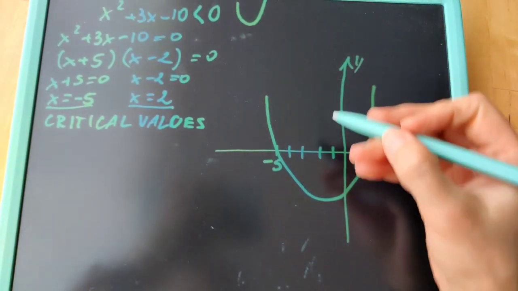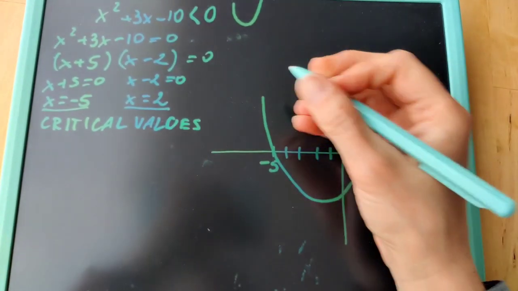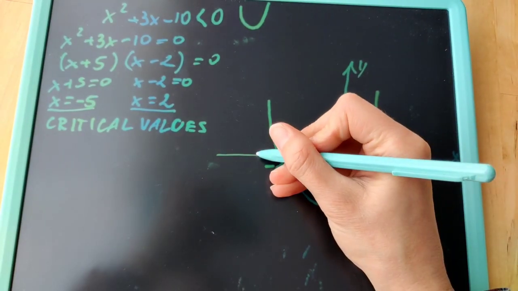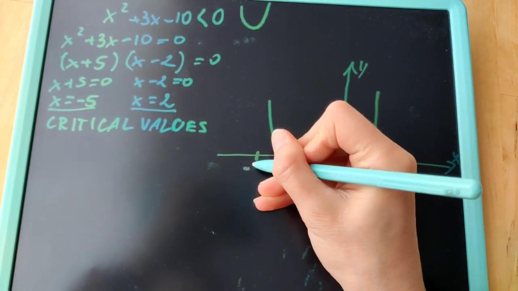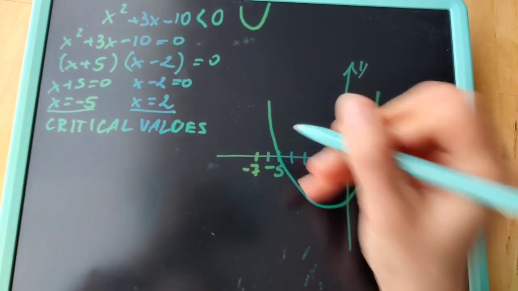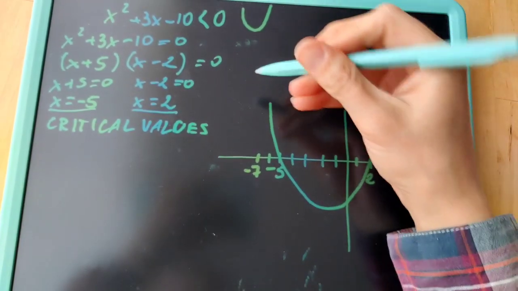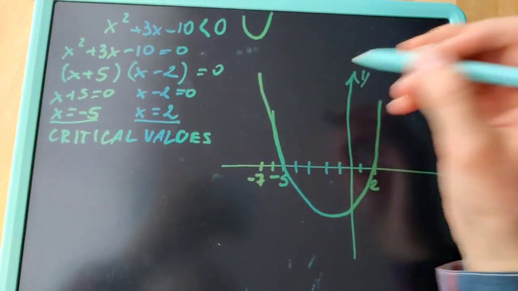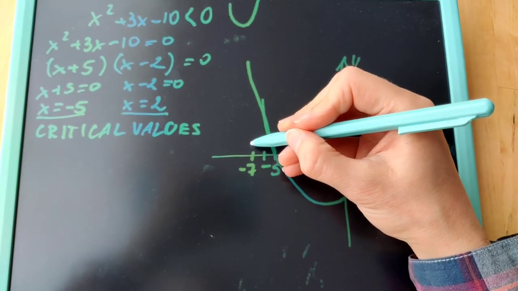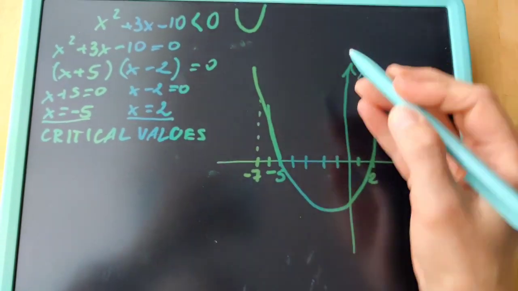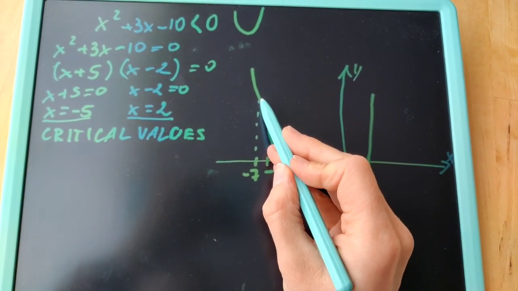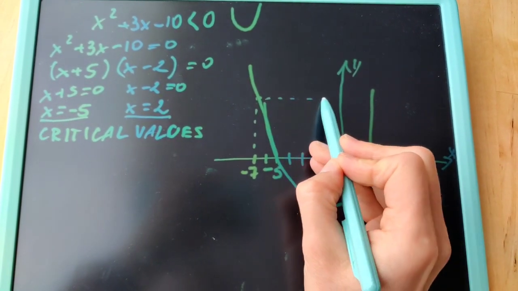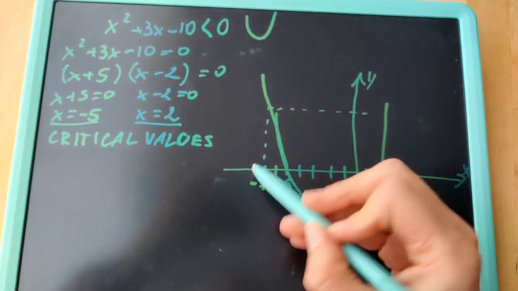What we're going to do is start from the left side and pick a number. I'll pick -7, and I'm going to extend it till it meets our parabola. So I'm just going to draw this dotted line, and then from where we meet the parabola, we're going to extend it to our y-axis.